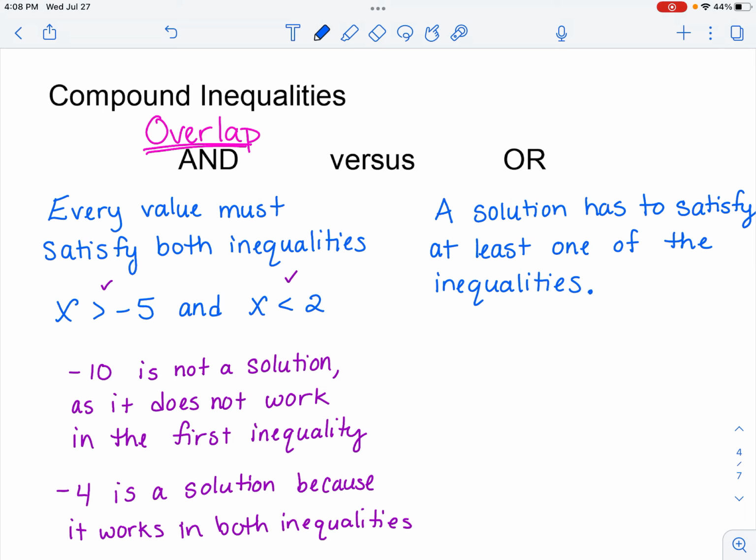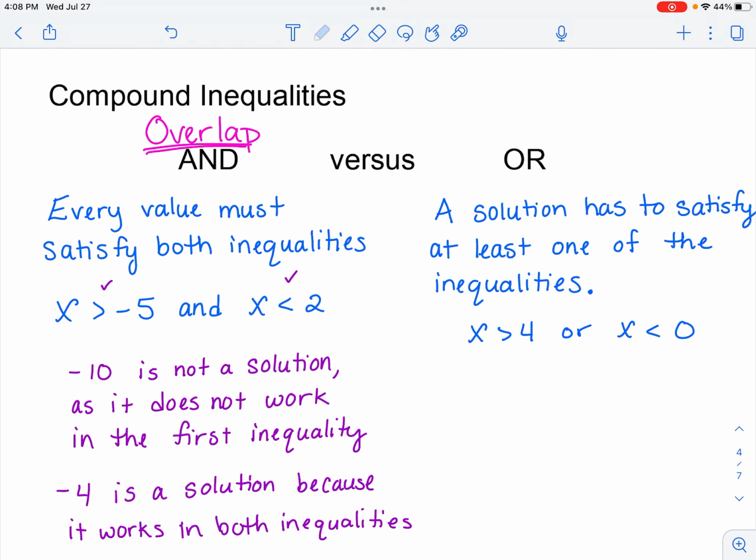Okay, it doesn't have to work in both. Okay, it might work in both, but it doesn't have to. So let's take a look at, let's say, x is greater than 4 or x is less than 0.